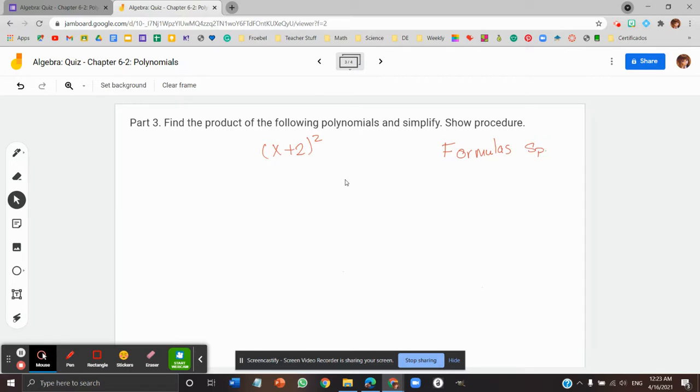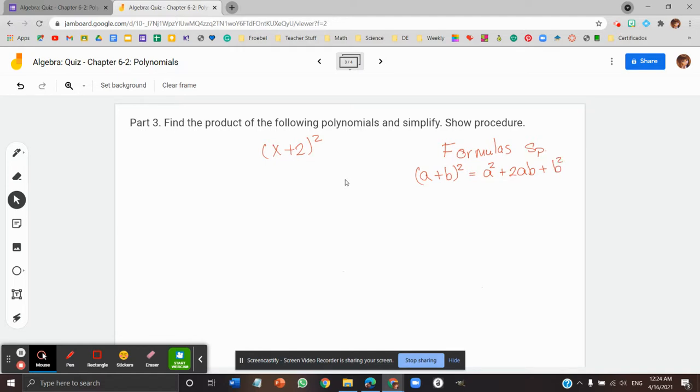So if I have something that looks like a plus b to the second, I can rewrite it as a to the second power plus 2ab plus b to the second.